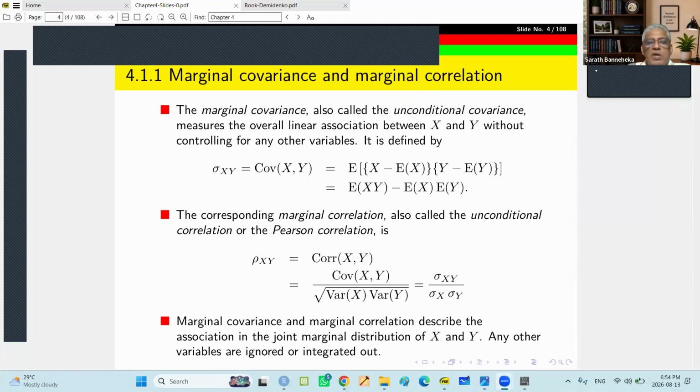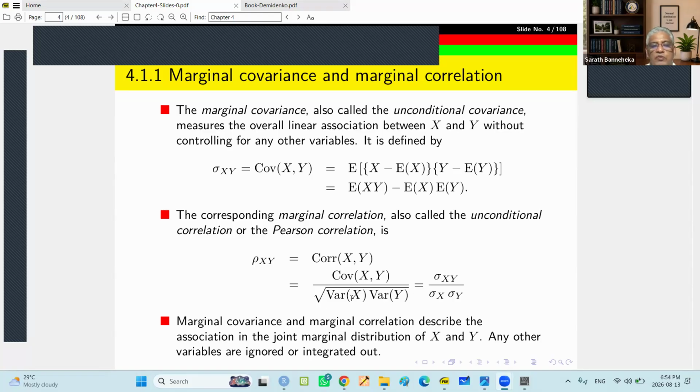The corresponding marginal correlation, also called unconditional correlation or Pearson correlation, is defined as the covariance between x and y divided by the product of the two standard deviations. It is denoted as rho xy. It's equal to the covariance between x and y divided by the standard deviation of x times the standard deviation of y.